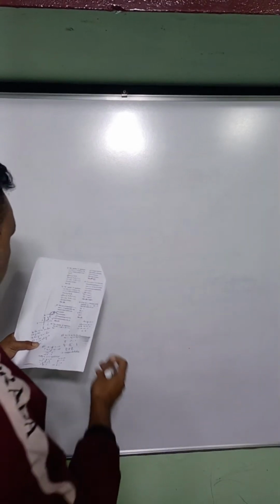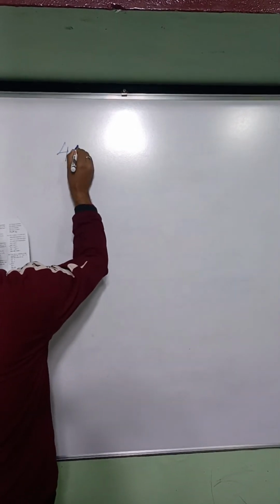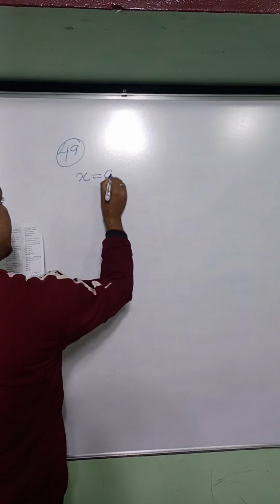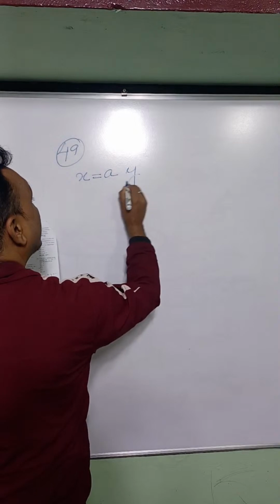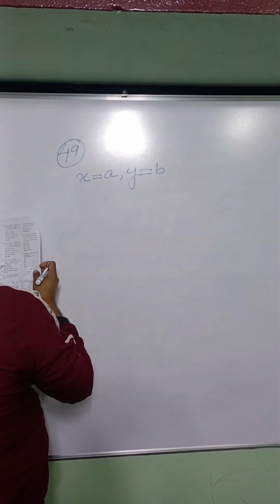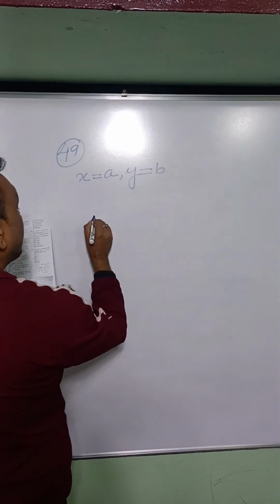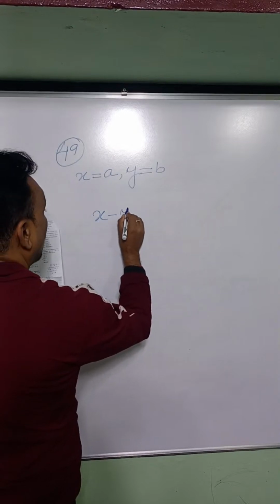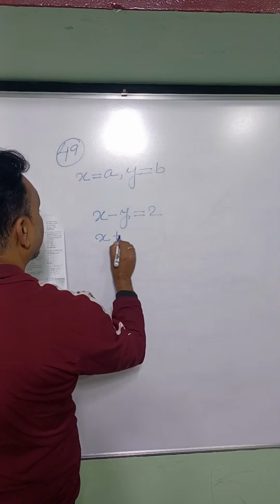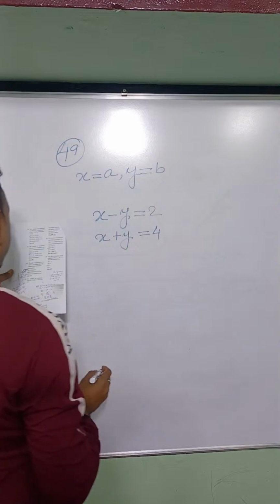If x is equal to a and y is equal to b, then that is the solution of the equations. Two equations are given: x minus y equal to, and then x plus y equal to 4. These are the two equations given to you.